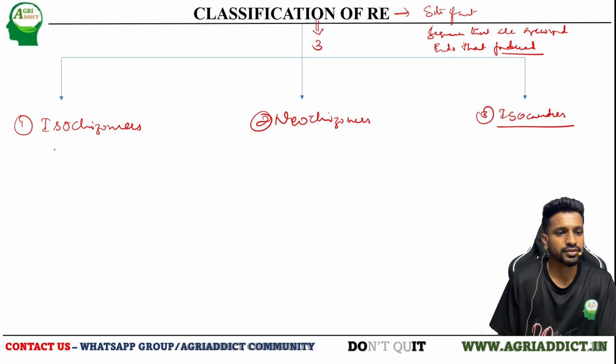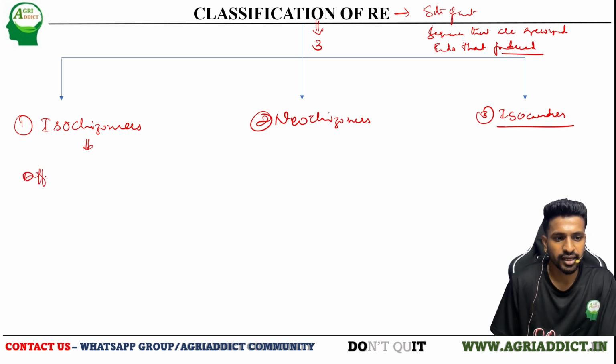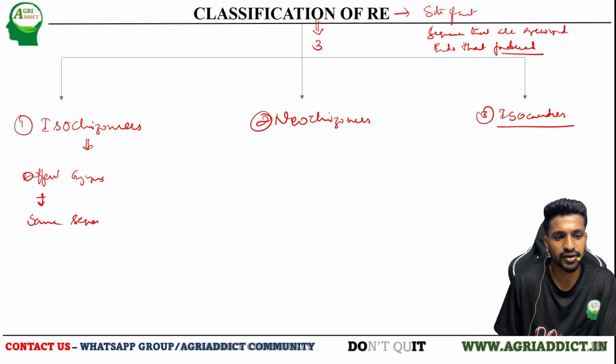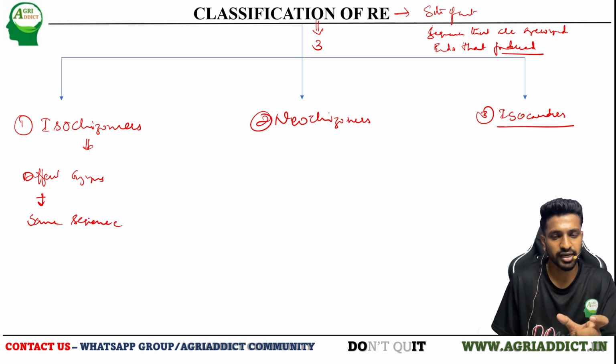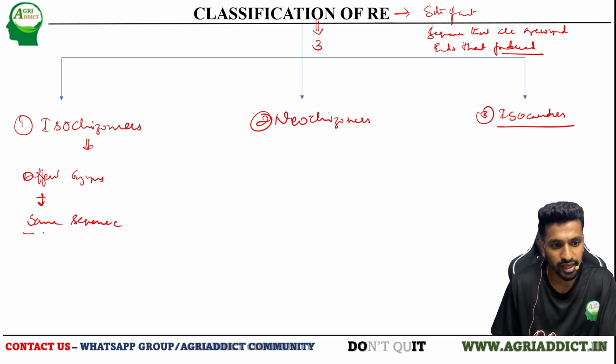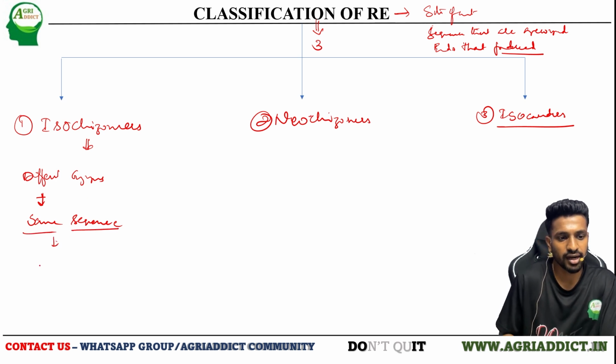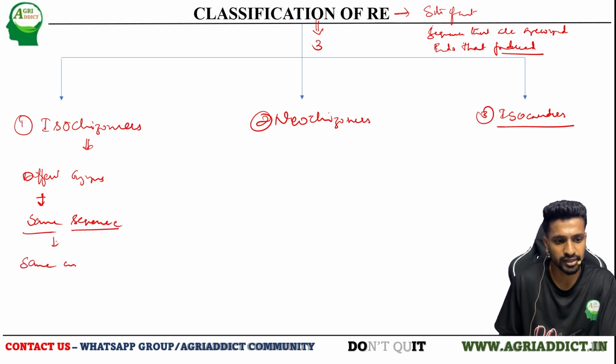Okay. So first one, the isoschizomers. Under this category, there are different enzymes that recognize the same sequence. That means there are two different restriction endonuclease enzymes, but they recognize the same sequence, and they also make the same cuts.